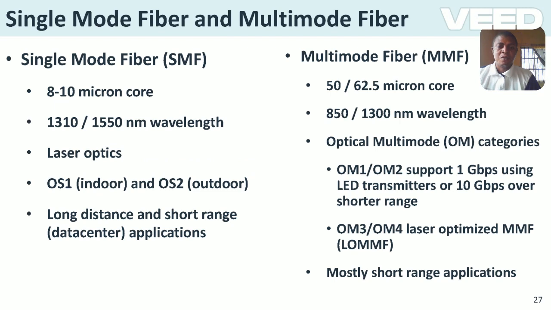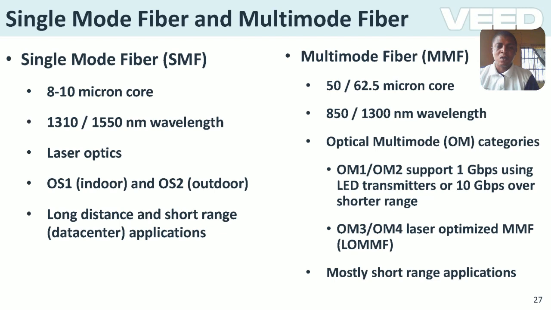So therefore we have types of fiber optic. We have the single mode fiber and the multi-mode fiber. The function and features of each one are stated in tabular form. Number one, I will be considering the single mode fiber, which is SMF.